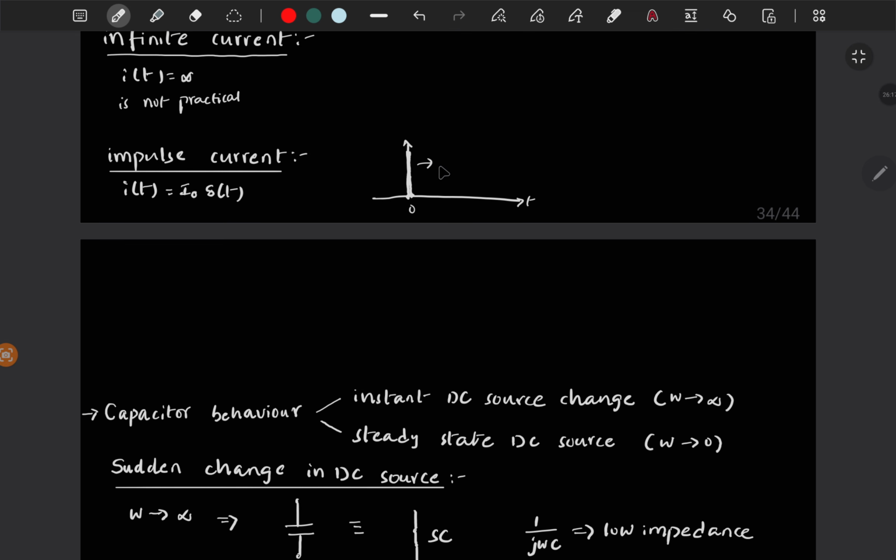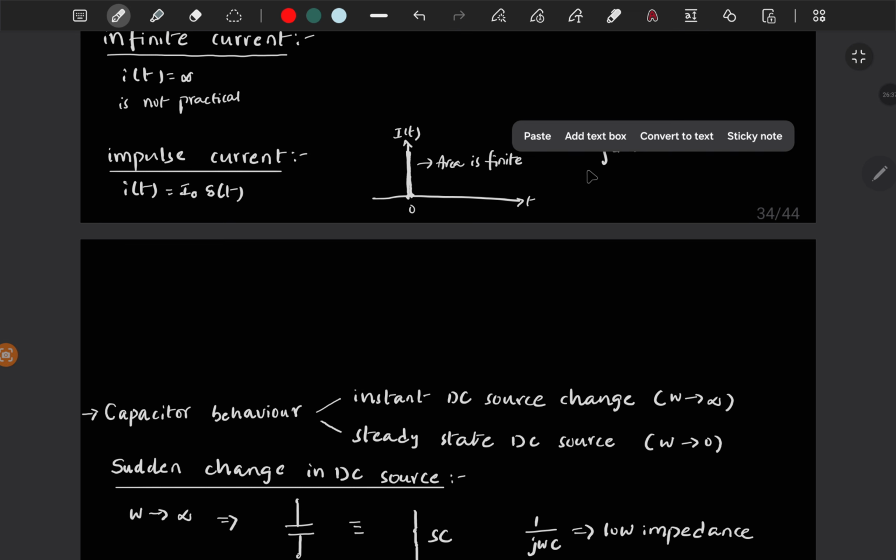So for impulse current, the area is finite. What does the area mean? Area is the integration of it, right? We know i is equal to dq by dt.